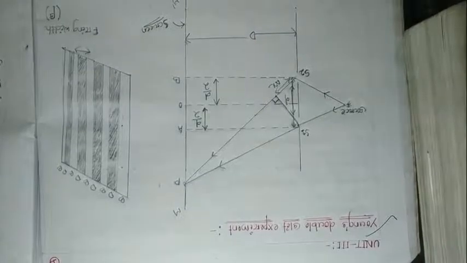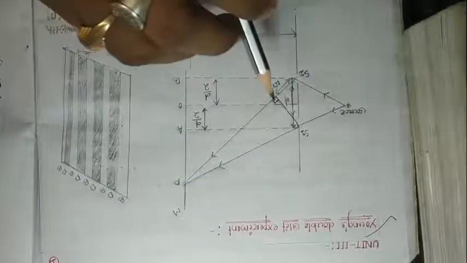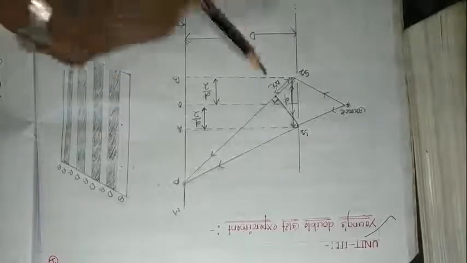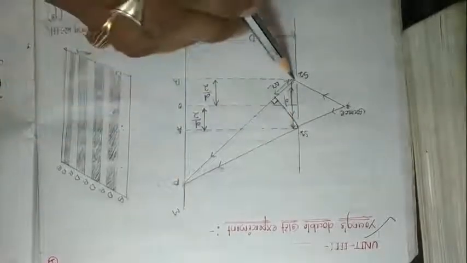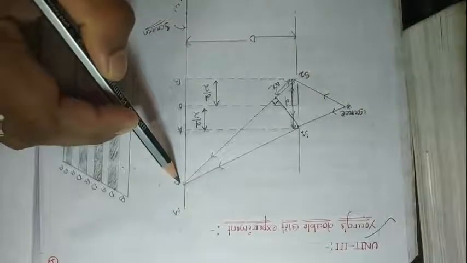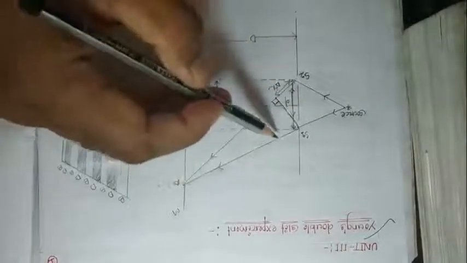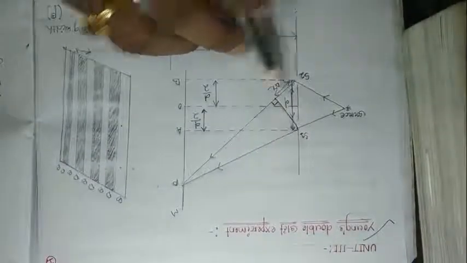Now from this figure, what will be the path difference between S1P and S2P? Which one is the larger distance? The larger distance is S2P.